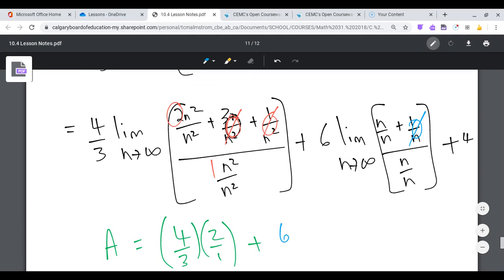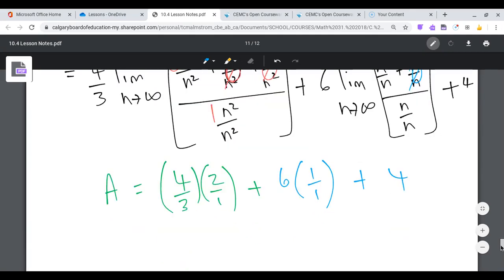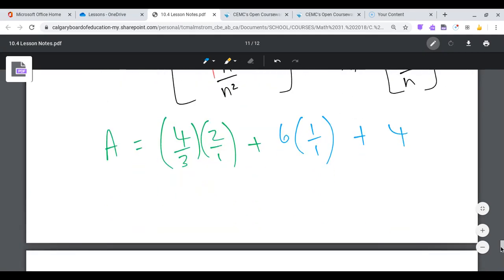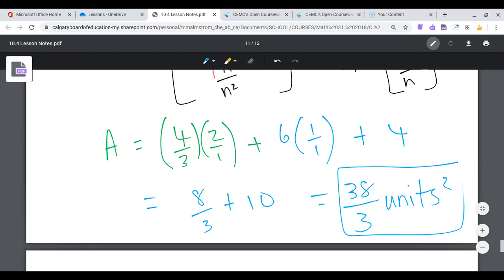So 6 times 1 on 1 plus 4 on the tail. And what does this all simplify to be? So I have 8/3 plus 10, which is equal to 38 on 3 units squared. Woohoo! Give yourself a pat on the back if you managed to get that all on your own.